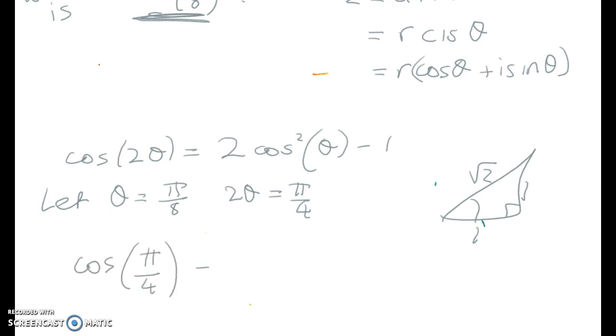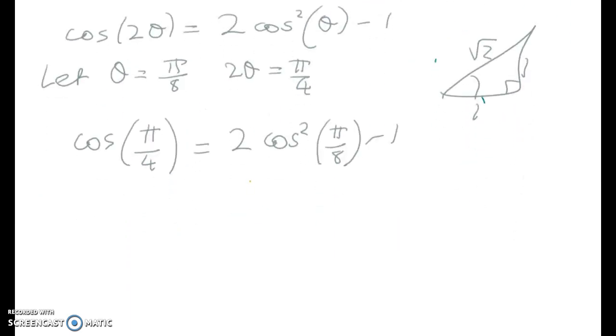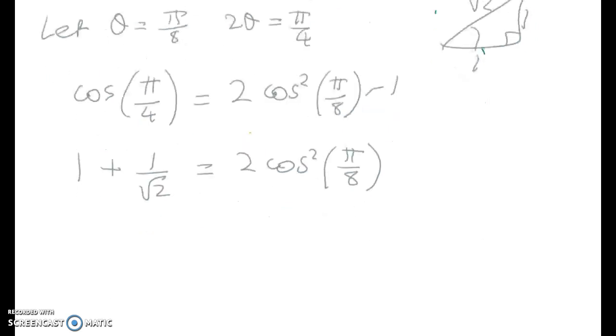So cos of pi on 4 is equal to 2 cos squared pi on 8 minus 1. Adding 1 to both sides, I get 1 plus 1 on root 2 is equal to 2 cos squared pi on 8, so root 2 plus 1 over root 2 is equal to this.